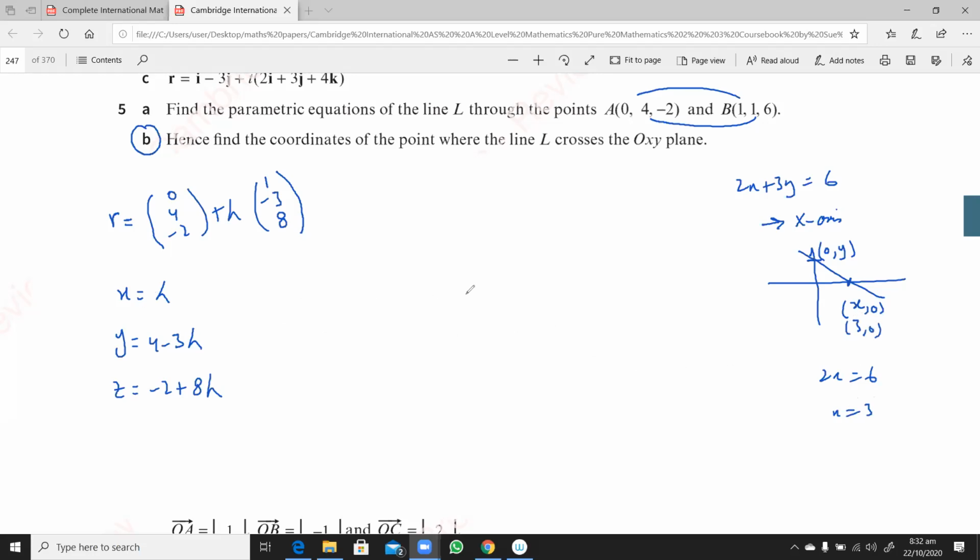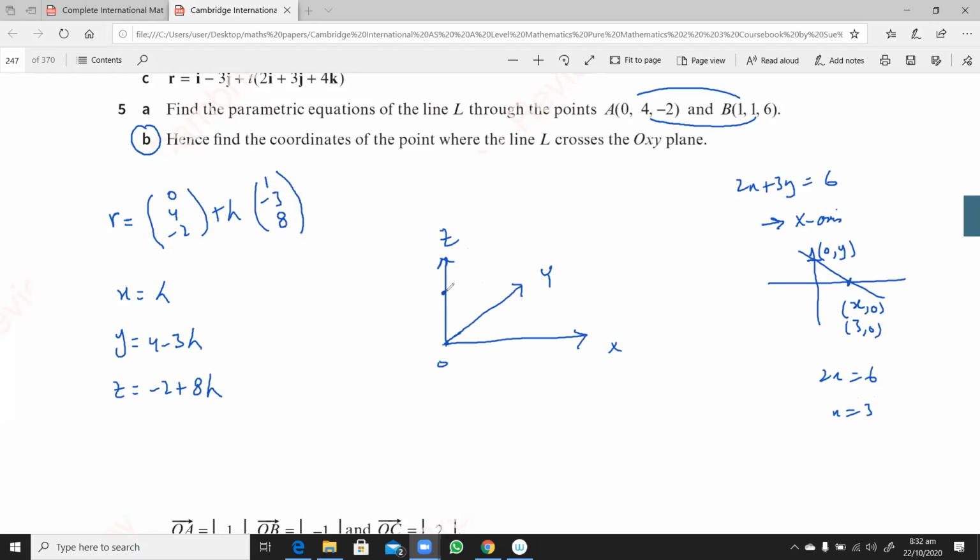Similarly, when you have the 3D situation, this is your x, this is your y, and this is your z. Now, if a line is passing through the z-axis, the x and y coordinates would be 0.